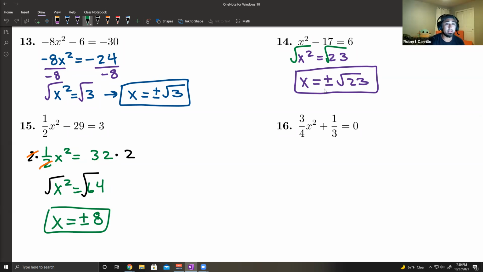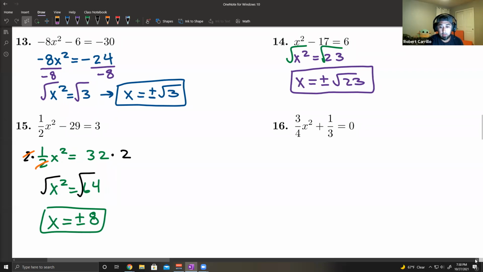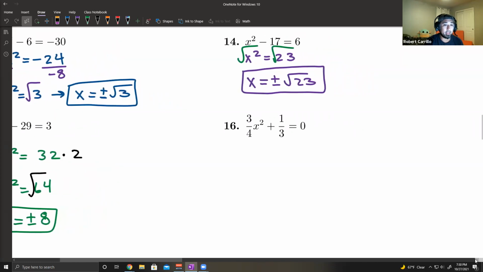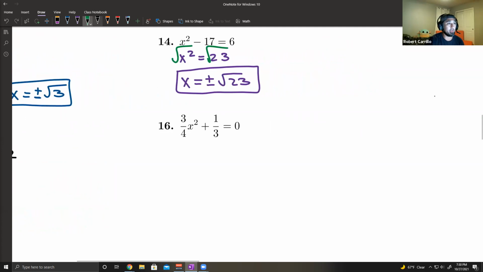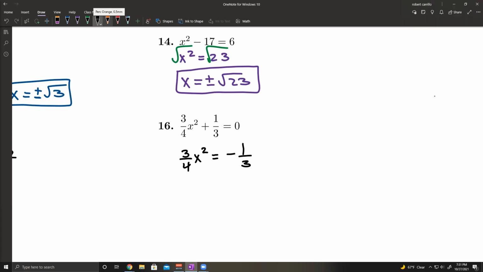Sweet. And 16. All right. 3/4 x squared plus 1/3 equal to 0. First step, move that 1/3 over. So 3/4 x squared equal to -1/3. Just like the other one, divide by 3/4 or multiply by the reciprocal.